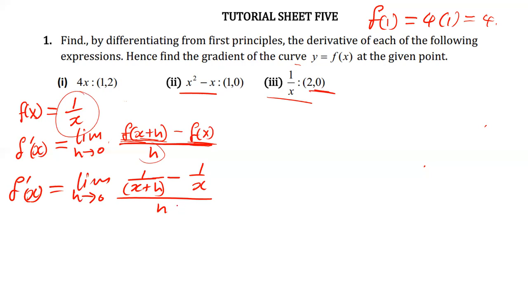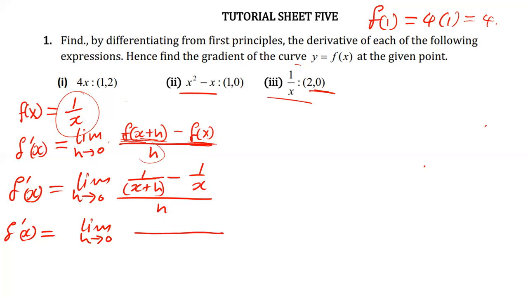So from here, it's just a matter of simplifying the expression. So my f prime of x will now be equal to the limit as h approaches 0 of, when you do the simplifying here, we find the common denominator on the numerator.